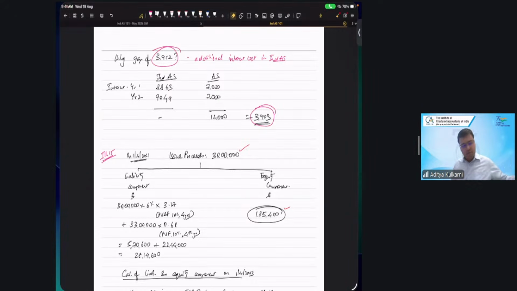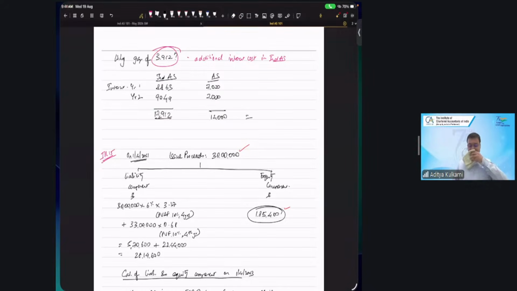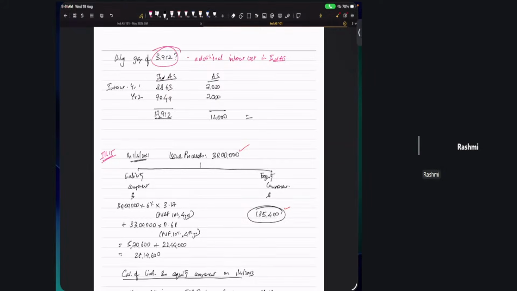So this comes to 17,912. Correct? Yes, sir. But under AS, you have actually charged an interest of only 14,000 rupees. Yes or no? Yes, sir.